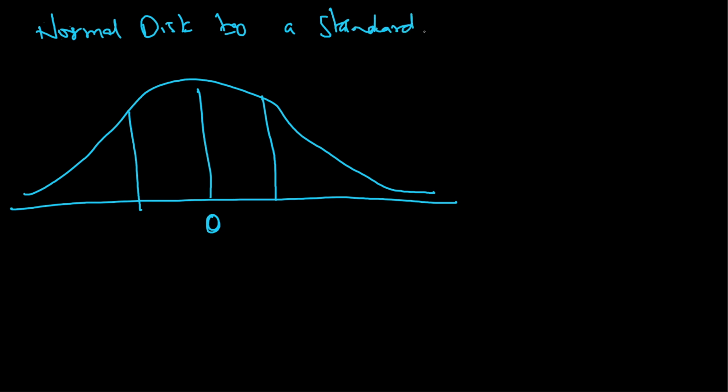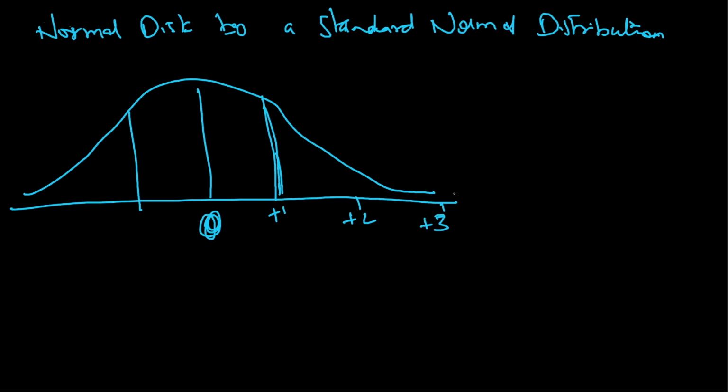What does that mean? If I have to represent this normal distribution in a standard form, I will keep this mean as 0, and this is one standard deviation. I'll keep this as +1, +2, and then +3. It goes till 3 standard deviations. We can graph it like this. Similarly, left hand side -1, -2, -3.